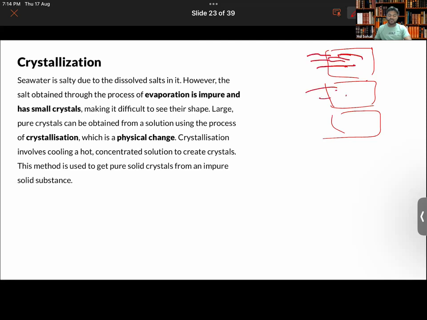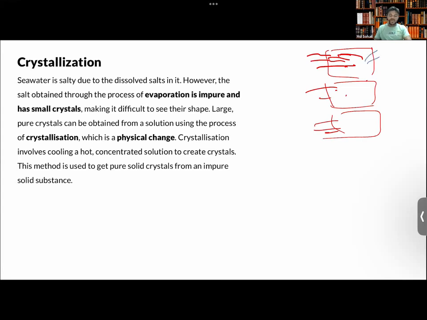That water deposits into it and they allow it to evaporate in sunlight. When the water has evaporated, they are left with salt, but that salt is impure and contaminated, and the crystals are small, so their shapes are not regular and can't be seen properly.